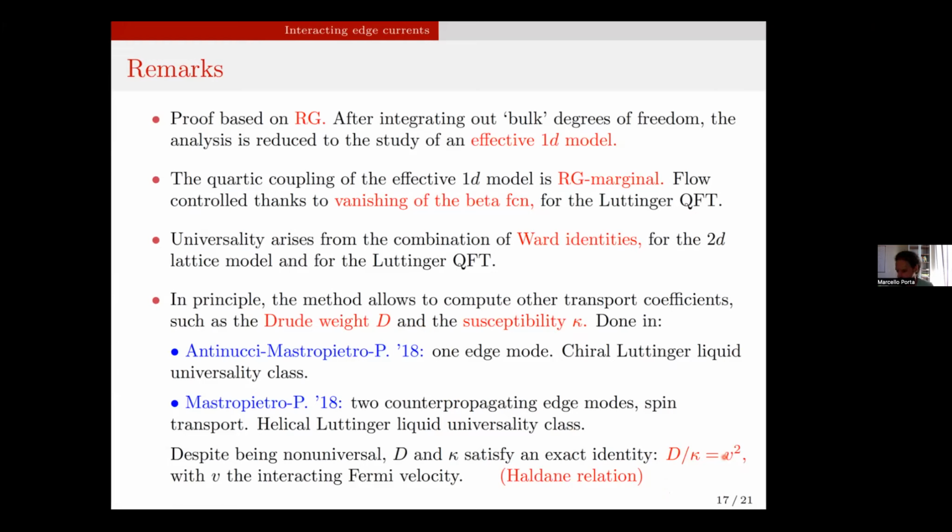It has also been proved rigorously for one-dimensional systems by Benfatto, Falco and Mastropietro, but here we did it also for edge modes, so this is an edge Drude weight and an edge susceptibility. Nothing in this identity is universal. D is interaction dependent, K is interaction dependent, v is interaction dependent, but they satisfy this nice relation. So this is an example of something you can compute.